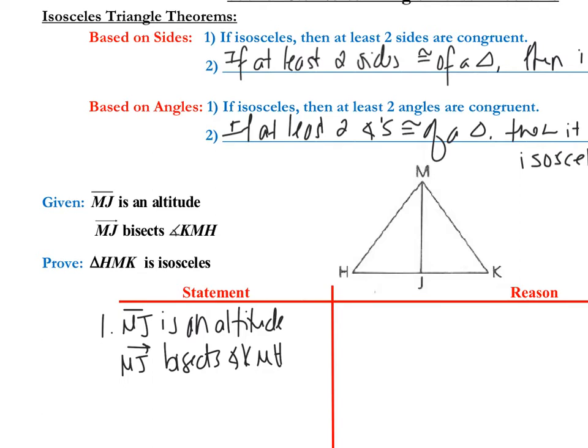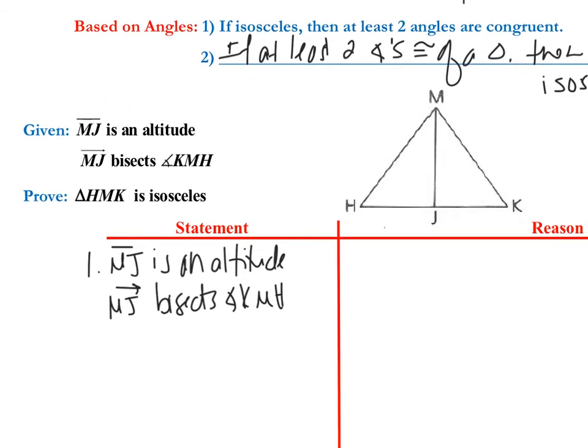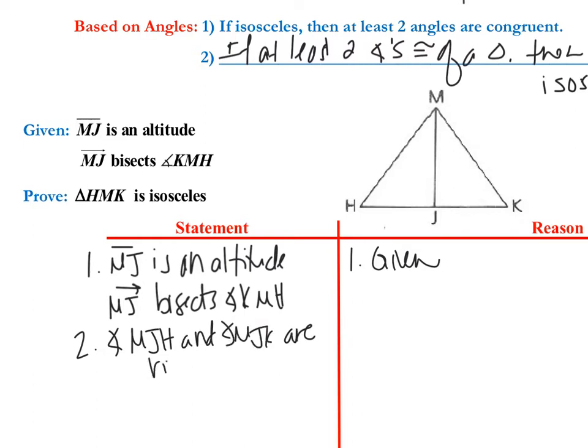Well, hopefully with this whole congruency pattern, you are picking up on the fact that we are going to have to prove the triangle is congruent first. So in order to do that, let's go ahead and break down some information. So it says that MJ is an altitude. Well, if MJ is an altitude, then that means angle MJH and angle MJK are right angles.